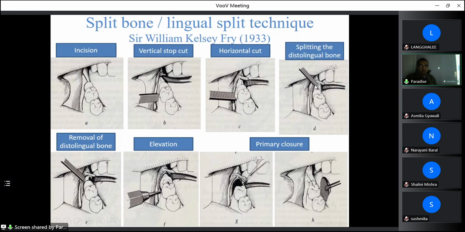The distal lingual bone is split and it is removed. Once the lingual bone is removed, now you can elevate the tooth and extract accordingly. So sometimes they may ask what is lingual split technique or what is William Kelsey-Fry technique. It is the process used to remove the impacted third molar which is lingually placed.